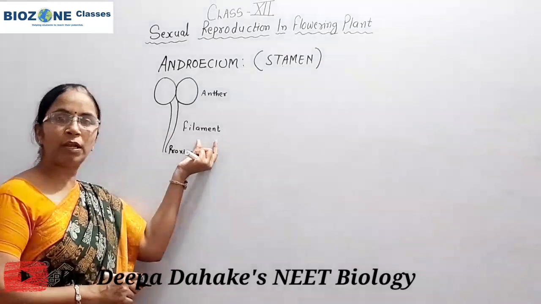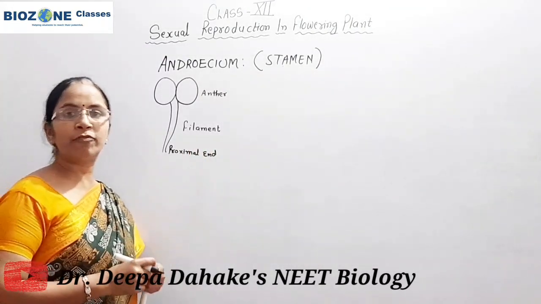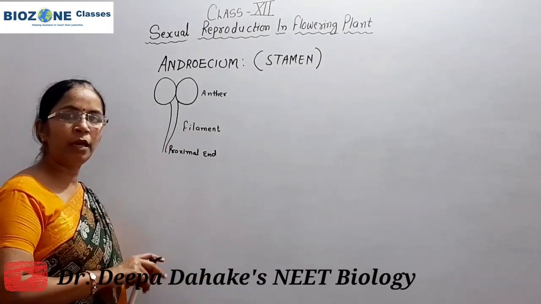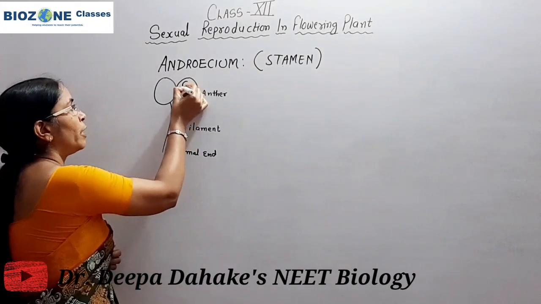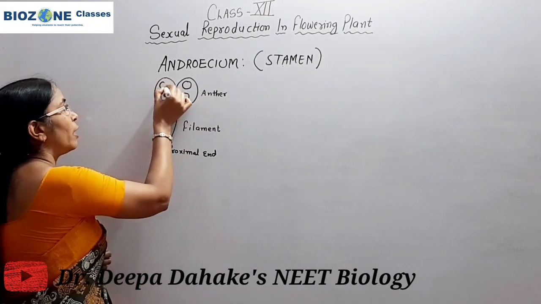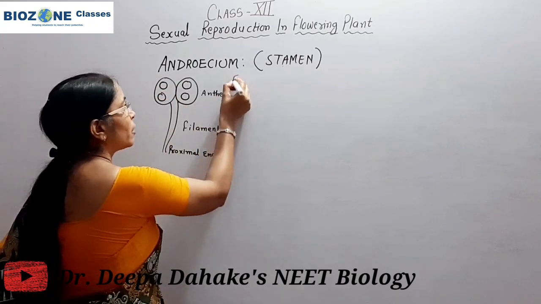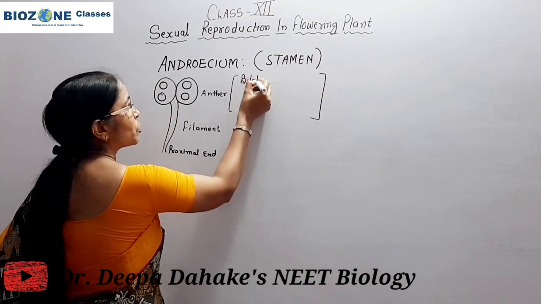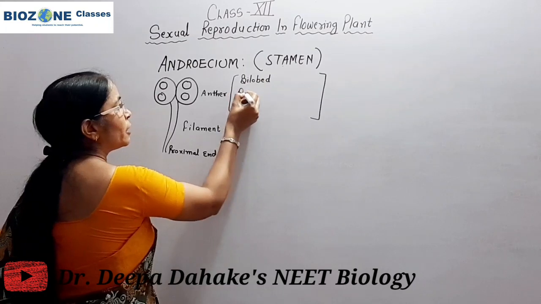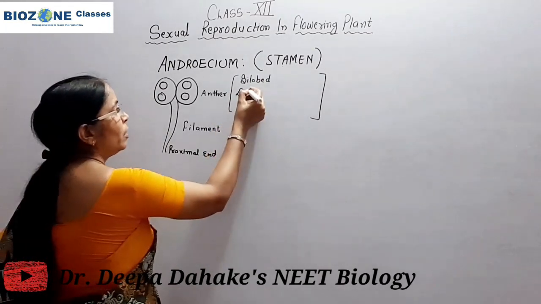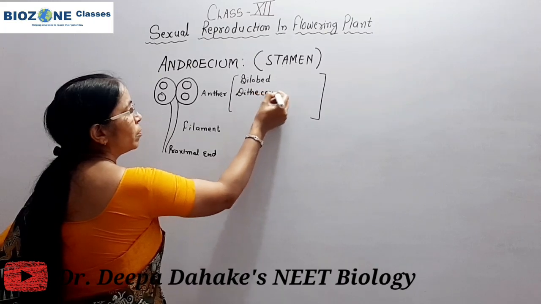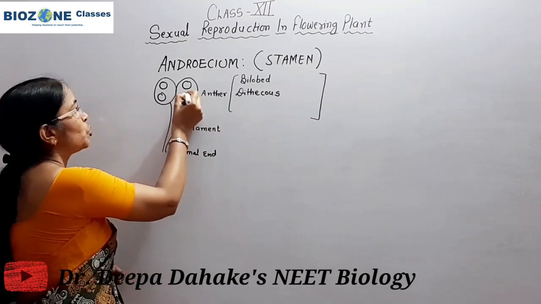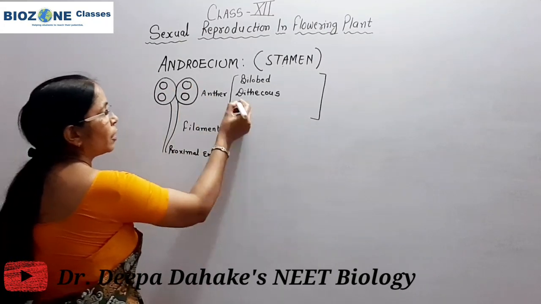Now the main function of the filament you remember: it is responsible for the conduction of water and nutrients to the developing pollen grain. When we study the anther in angiosperms, the features you remember are: anther is a bilobed structure, and it is protected by two coverings. Therefore, the anther in angiosperms is dithecous, and in each lobe of the anther two microsporangia are present.